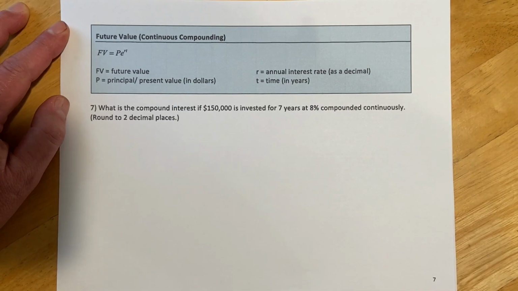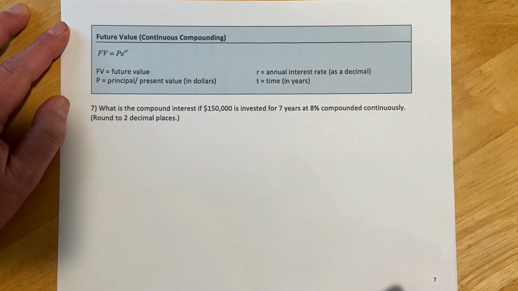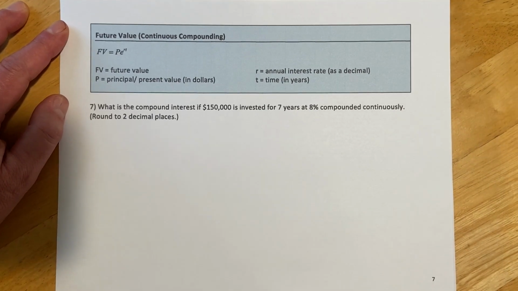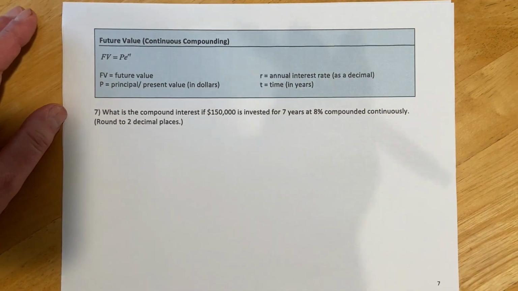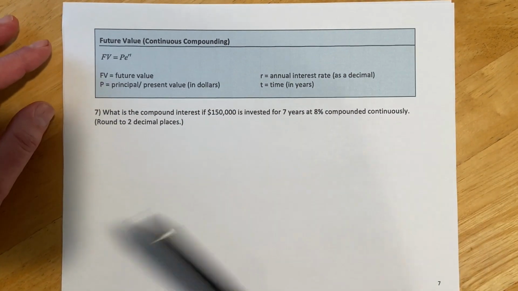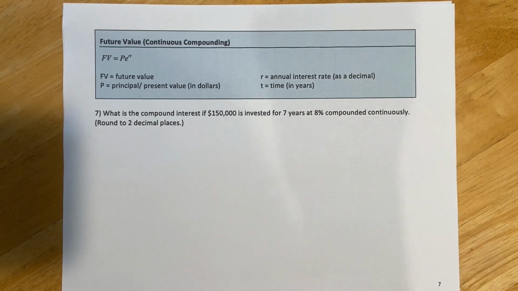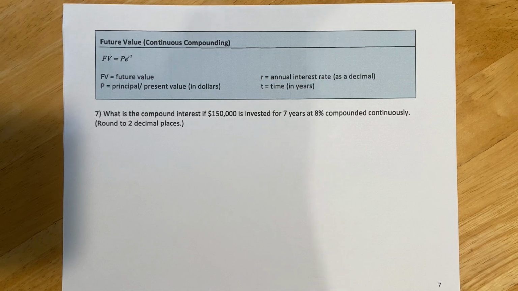Even if it sat there for 3 years, that $5 is not part of the next calculation. That's the difference from compounded annually. In that situation, if it was 3 years, you put in $100, at the end of year one we have $105. Then we get 5% on that $105, so we get a little bit of extra interest the second year and then again on the third year.